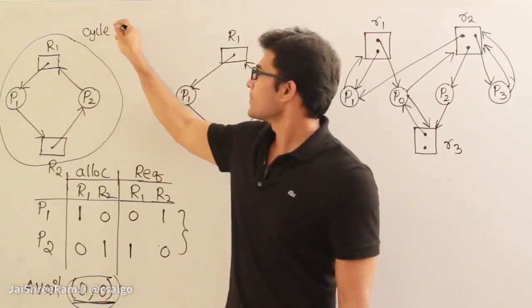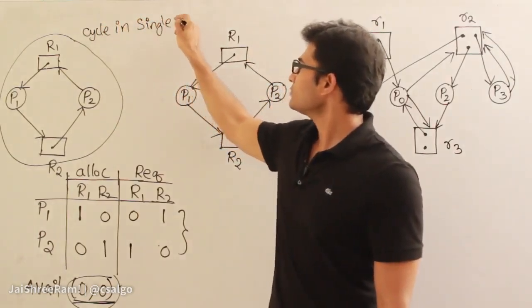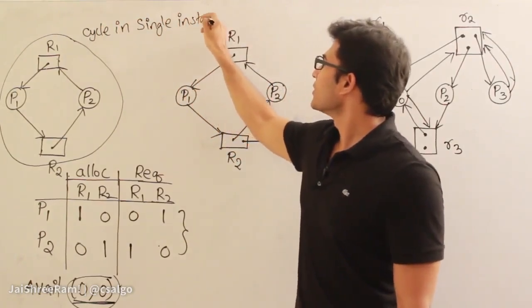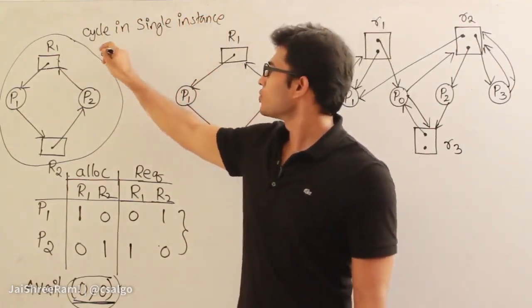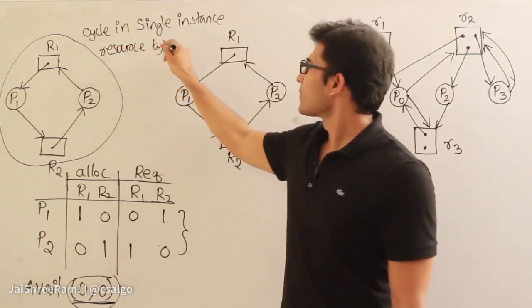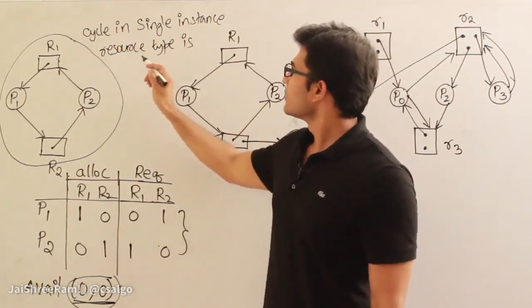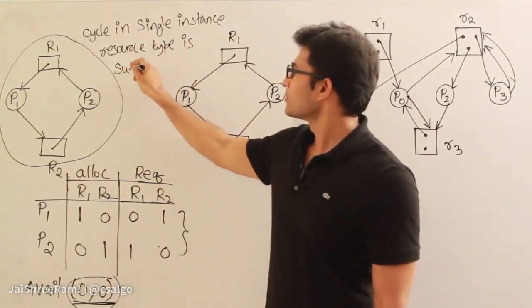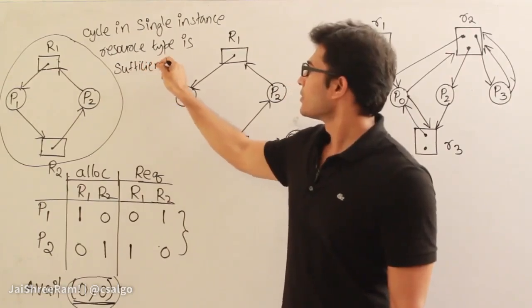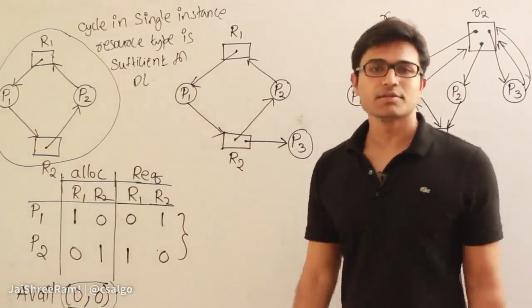Cycle in single instance resource type is a sufficient condition for deadlock. Not just necessary, it is sufficient.